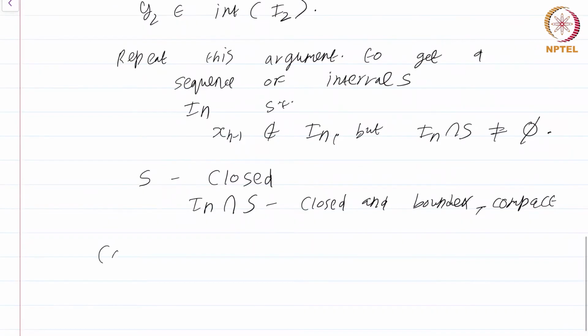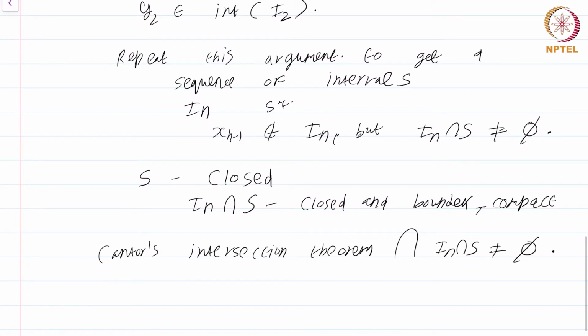That means by Cantor's intersection theorem, the intersection of these In intersect S is not the empty set. Right? So there has to be some x in the above intersection.